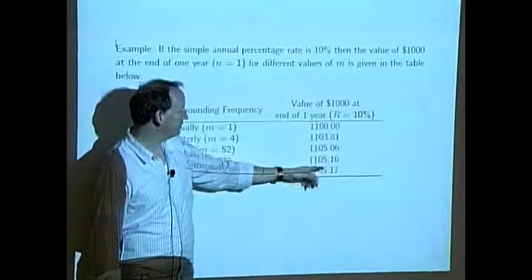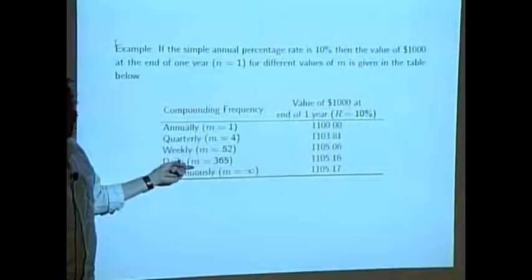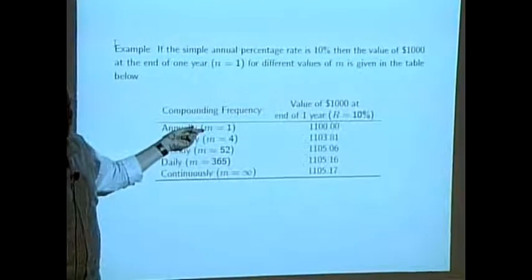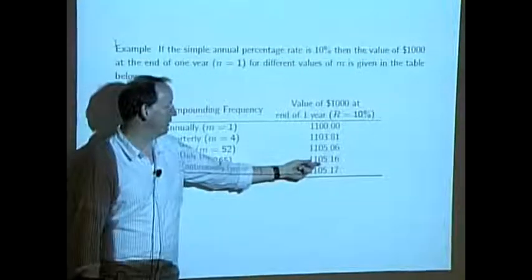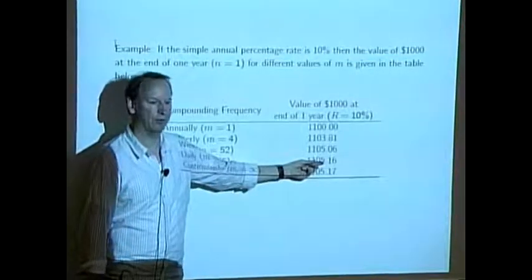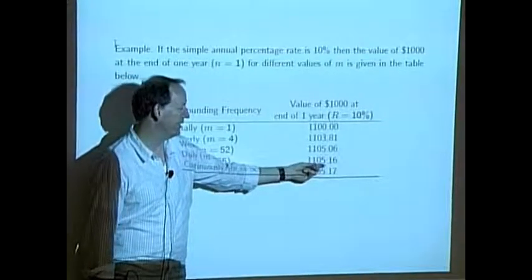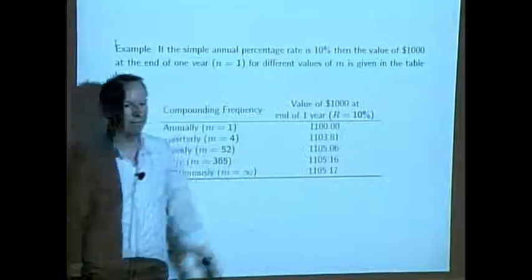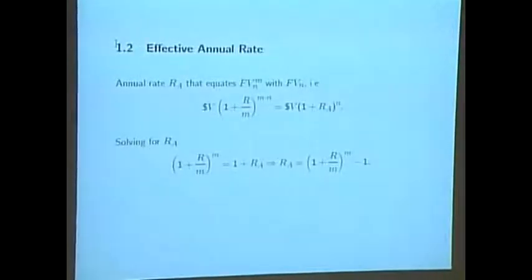So effectively, we have a higher annualized interest rate when we compound daily than when we just compound once per year. The effective annual rate is the annual interest rate that gives us this future value. And so our effective interest rate is essentially 10.5% instead of 10%.